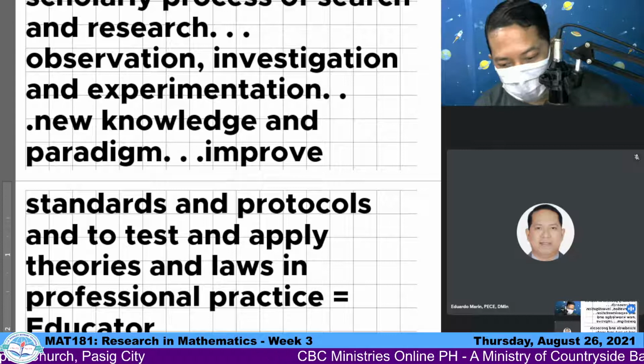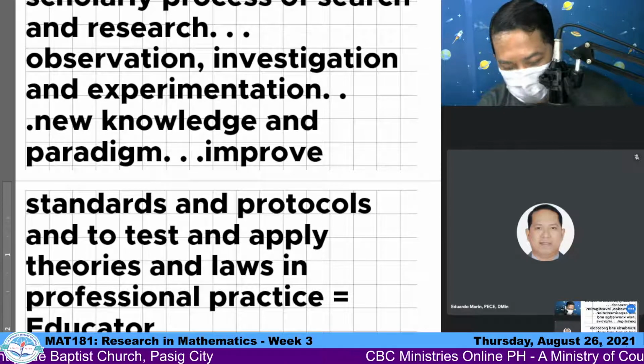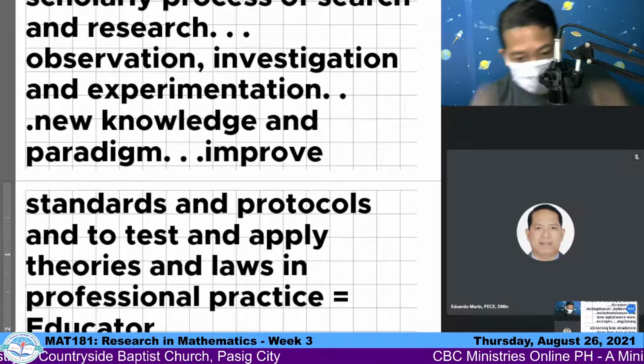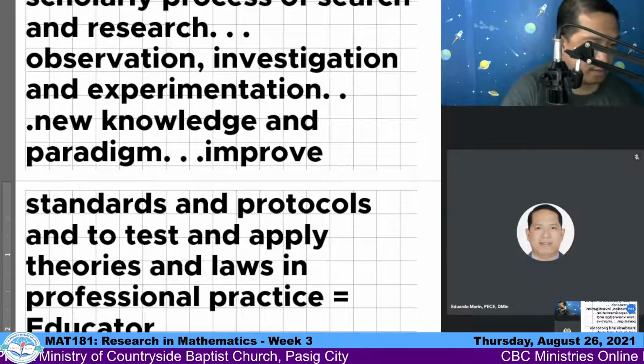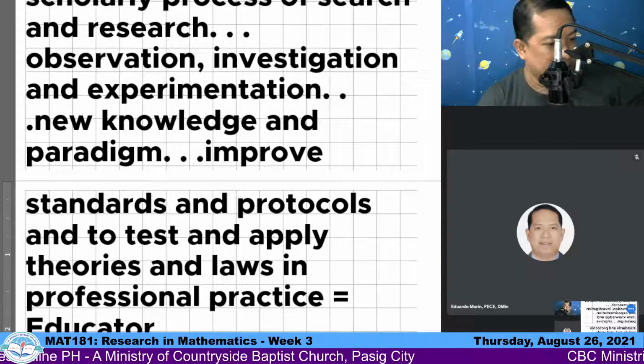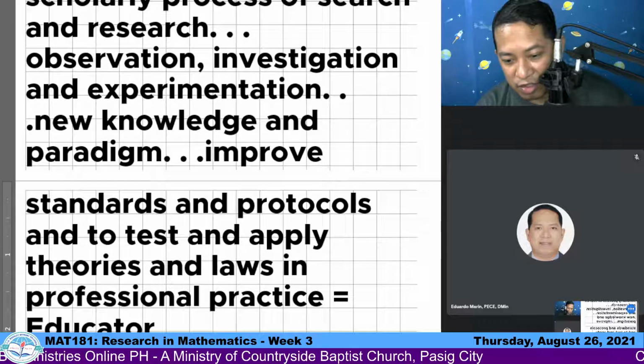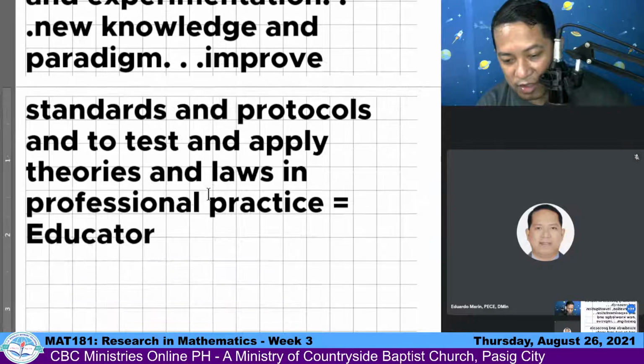Okay, so the final curriculum. Nevertheless, we will continue. So these are some of the definitions of research.